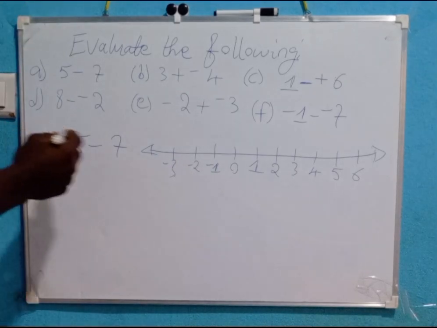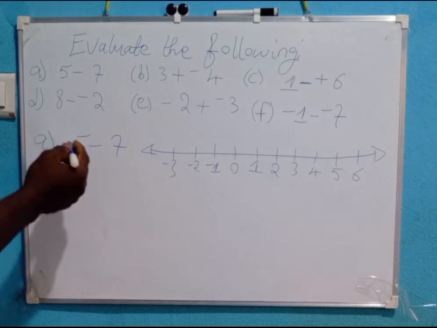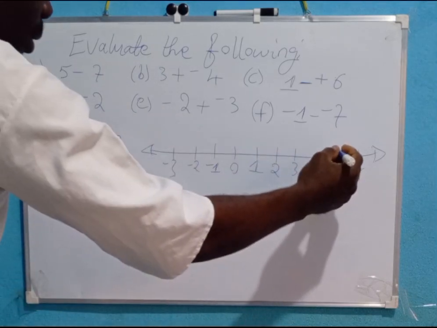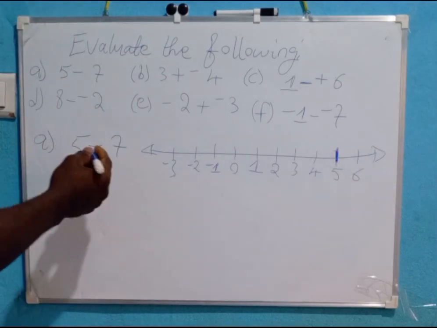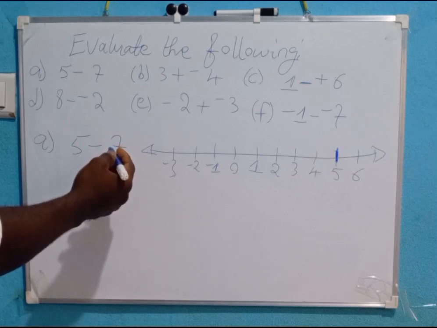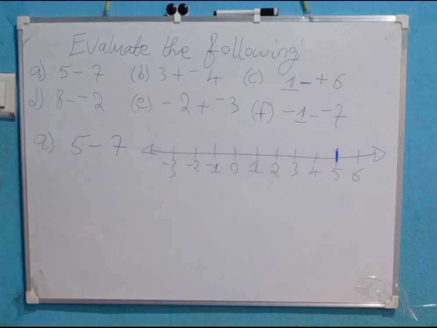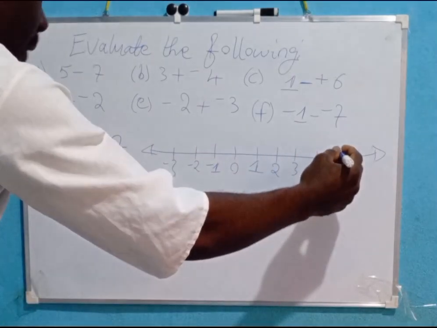We have 5 minus 7. The negative sign simply means we have to move to the left of the first number, which is 5. So we need to identify the first number 5 on the number line. This is 5. The second number 7 means we have to move 7 units to the left of 5.